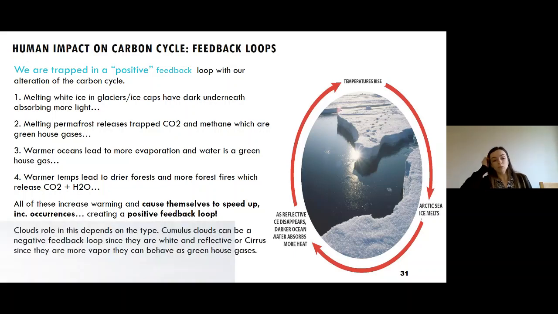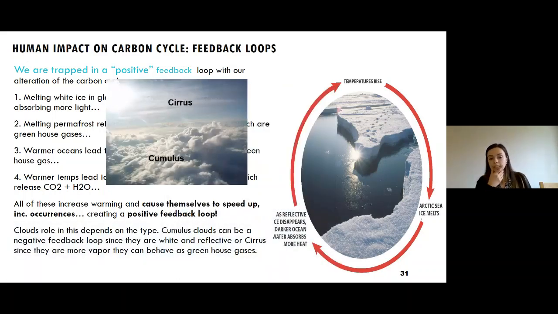And also clouds have a role in this. So cloud type, sorry. Cumulus clouds can be a negative feedback loop because they are very thick, white and fluffy and reflective, so higher albedo. And cirrus, they are more vapor and they behave as a greenhouse gas, so they accelerate warming.